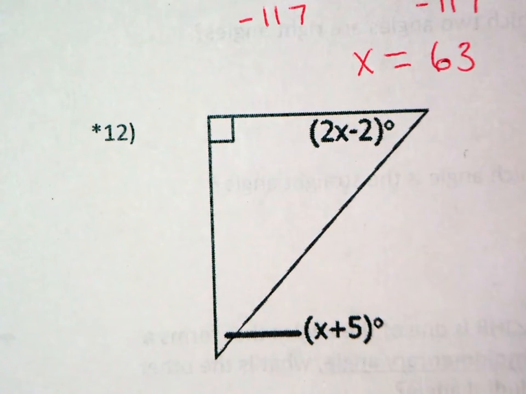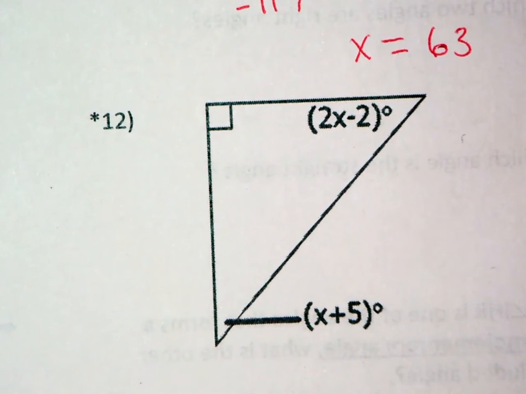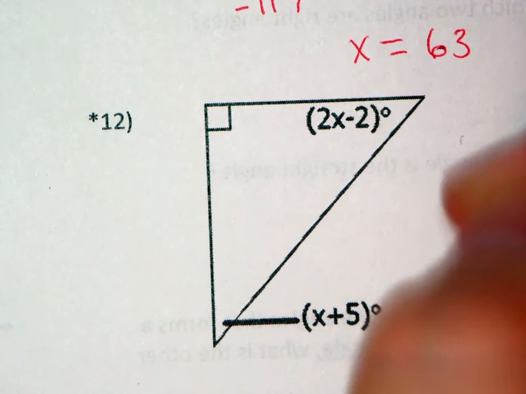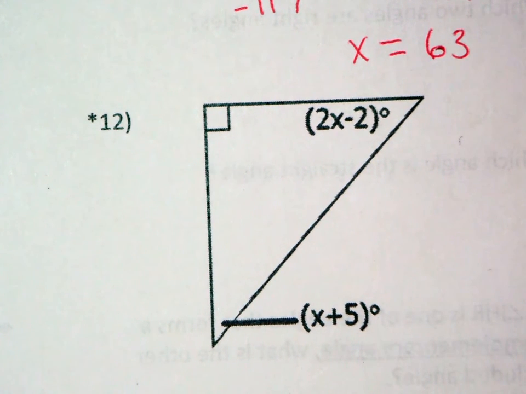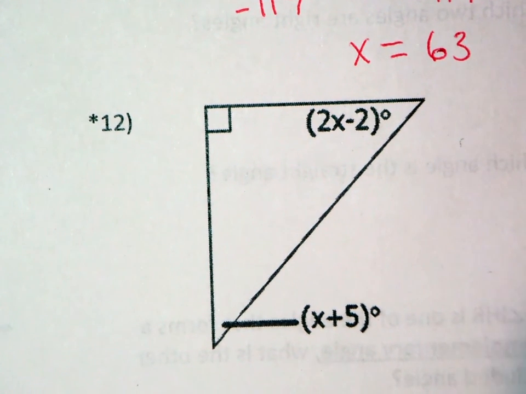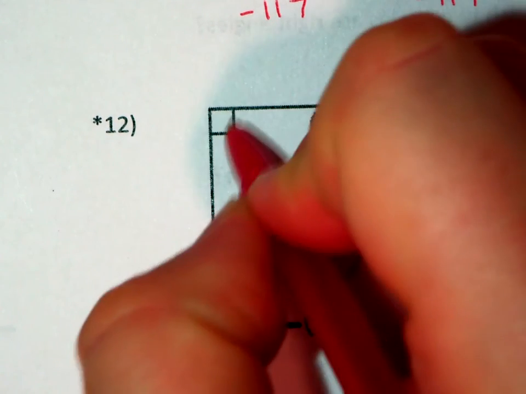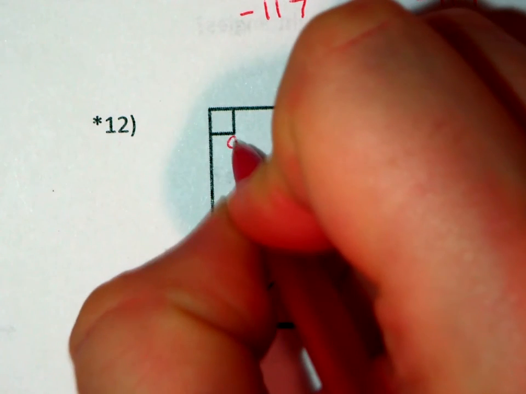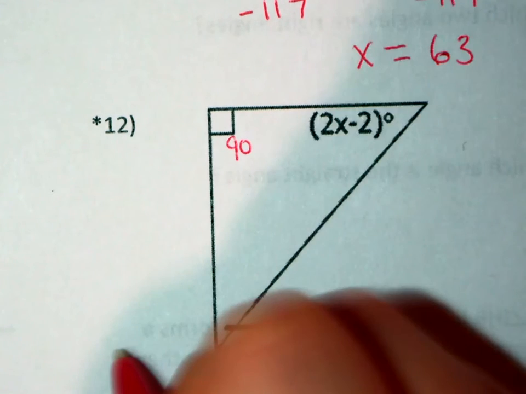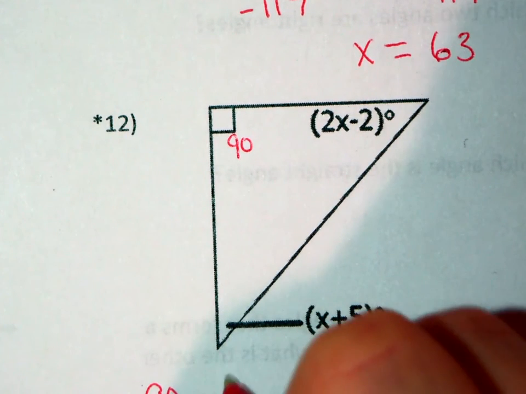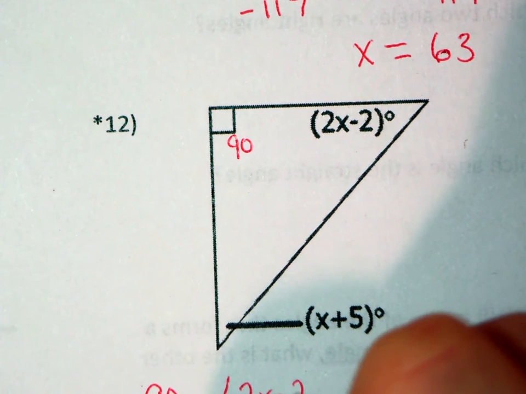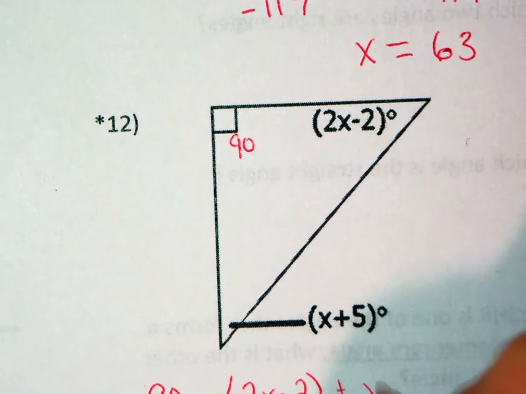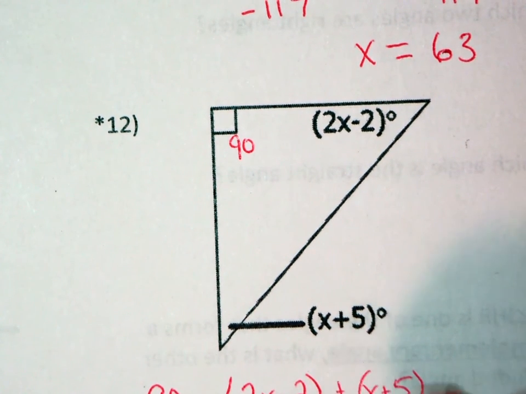Let's look at 12. 12 is a little bit more challenging than the ones on the page, but certainly by no means more challenging than what you can handle, because it's the same type of problem. We have a right angle indicator here, so that means that angle is 90 degrees. So the three angles together would be 90 degrees plus (2x minus 2) plus (x plus 5).